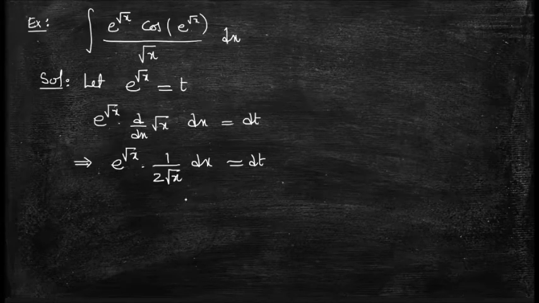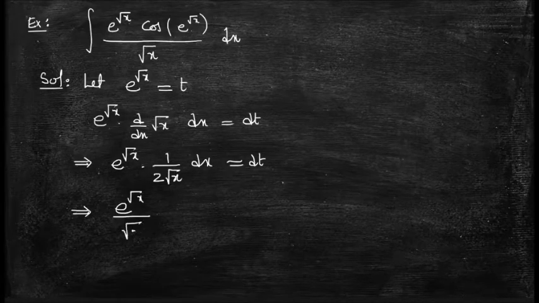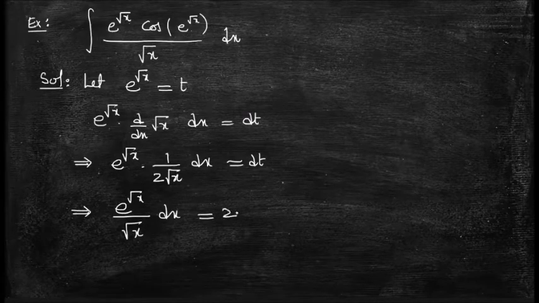Now that is the form. But when you look at the figure, e power root x by root x is there, and that 2 is extra, so I'm sending that to the other side. So e power root x by root x dx is equal to 2 dt.